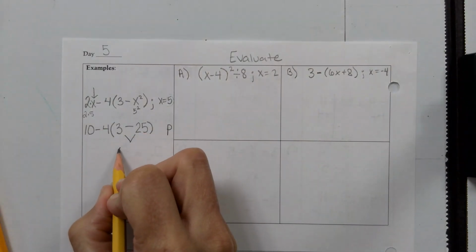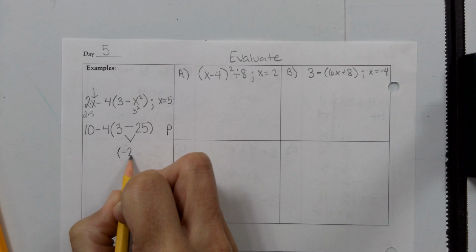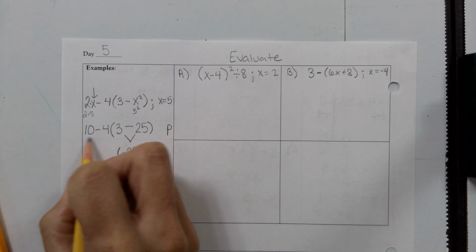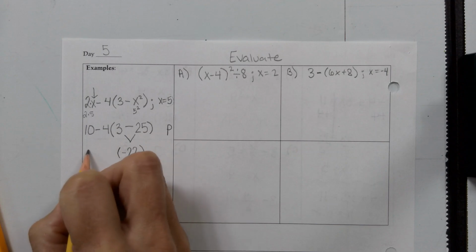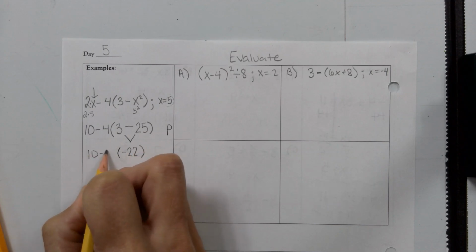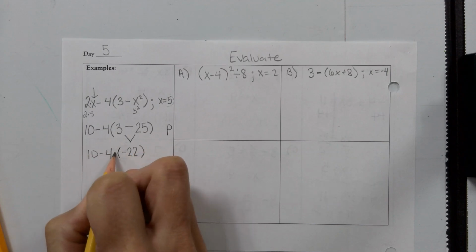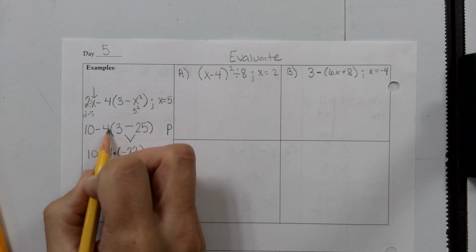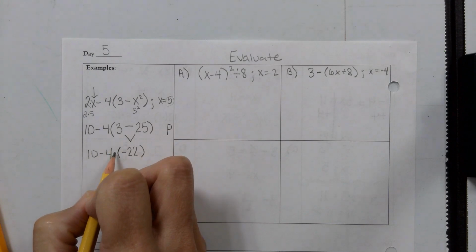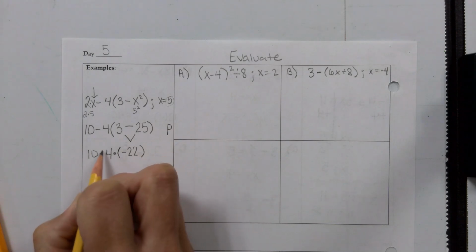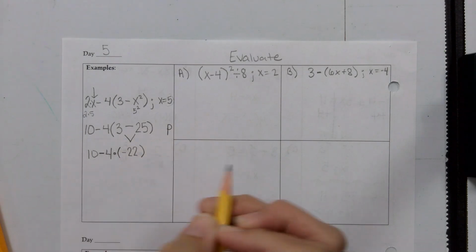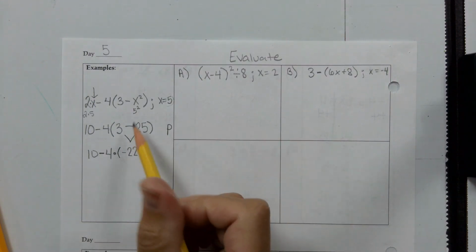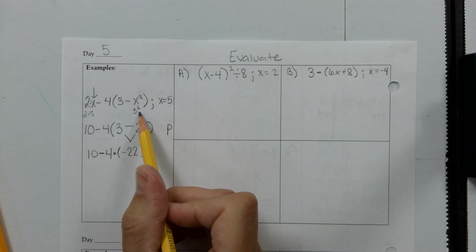I'm going to keep it in parentheses because it's negative. But then the rest of this just gets written in front. 10 minus 4. And sometimes we forget, so I'm going to write times. Sometimes we forget that in between the parenthesis and the number is a times, so I'm just going to write it here to remind myself. And then this is subtraction. So please excuse, I don't have any exponents. I already took care of my exponents up here.